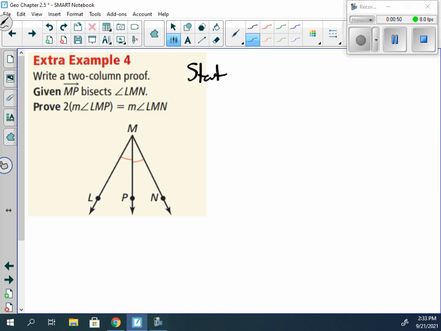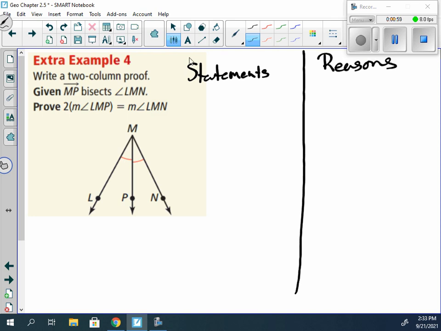Now, we're going to have our statements and our reasons. Now, whenever we start a proof, we always start with what? The given.